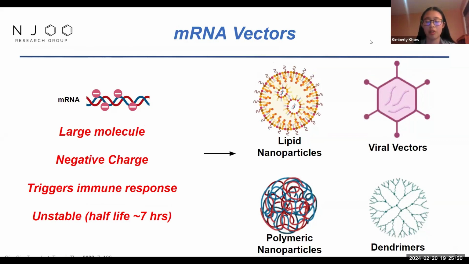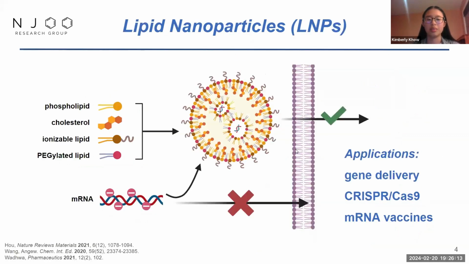So, several mRNA vectors have been developed to make mRNA delivery into cells a little bit more efficient, including viral vectors, polymeric nanoparticles, dendrimers, and of course what I'll be talking about today, lipid nanoparticles. So what are LNPs?